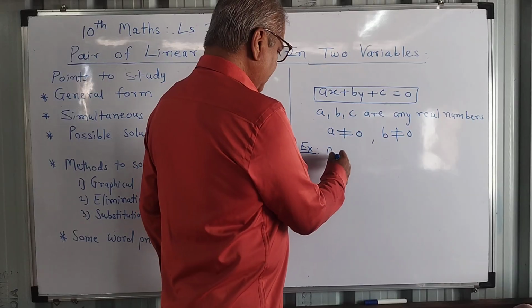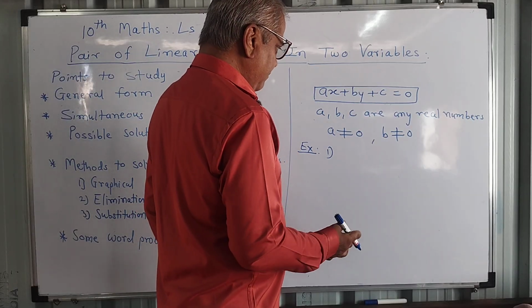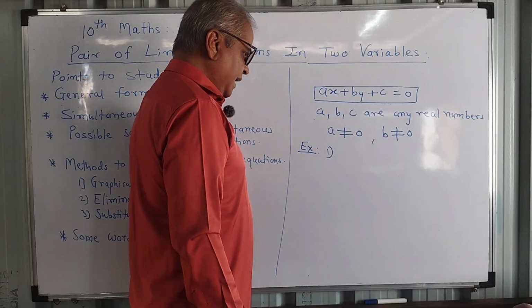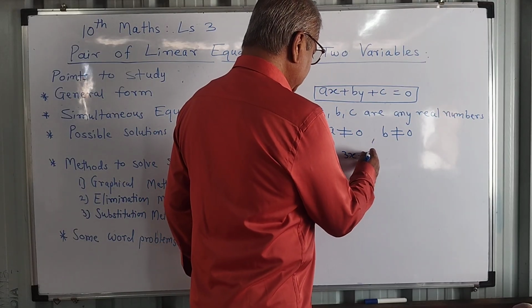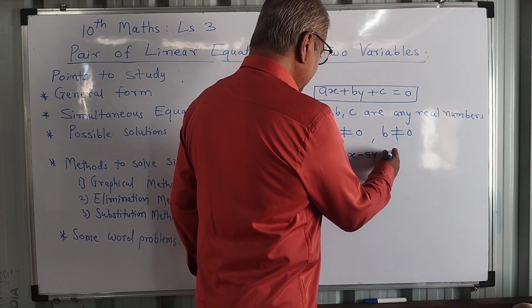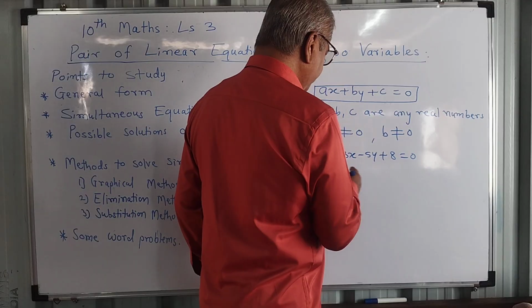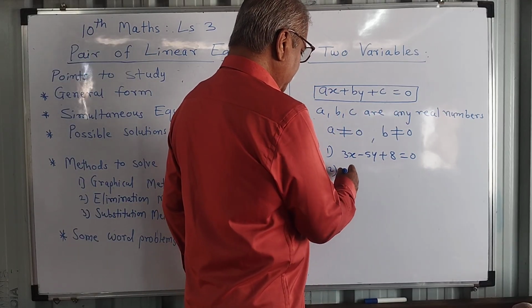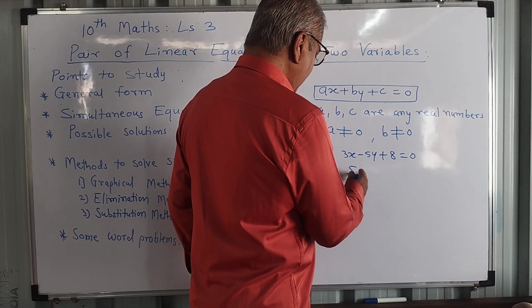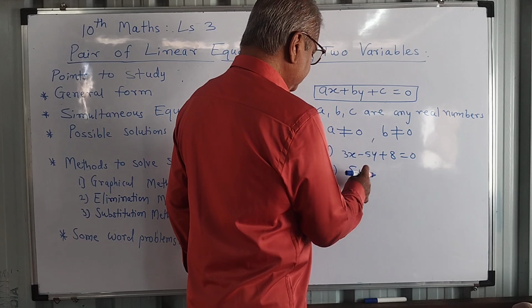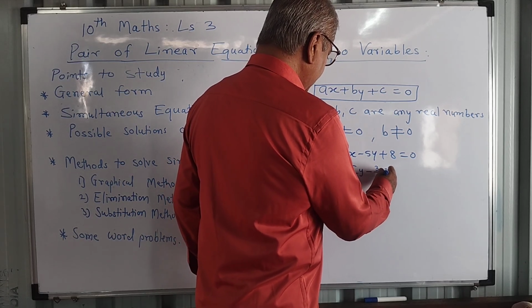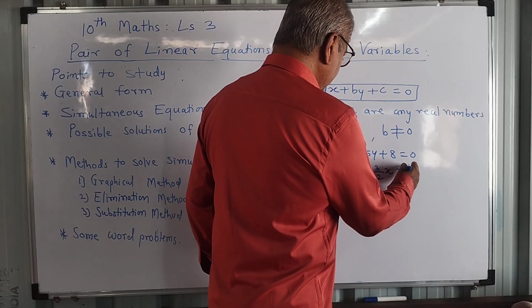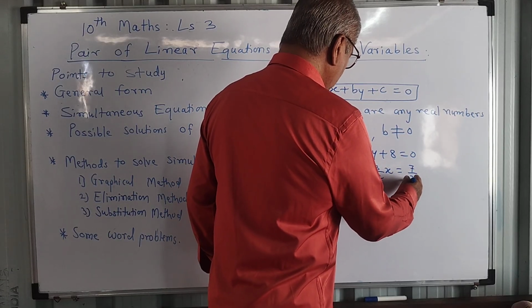First, in any variables x, y, m, n, p, q, a, b, you can take any two variables. So 3x minus 5y plus 8 is equal to 0. One more example, 5 upon 3 y minus 3 upon 2 x is equal to 7 upon 2.